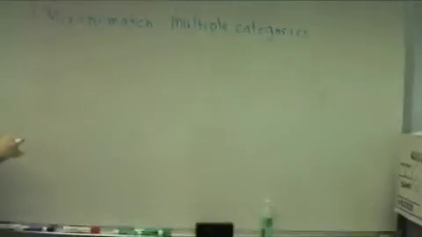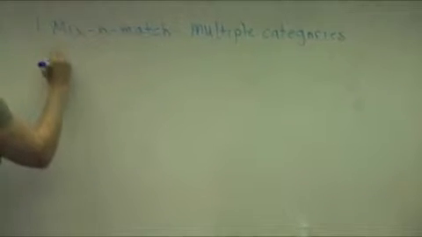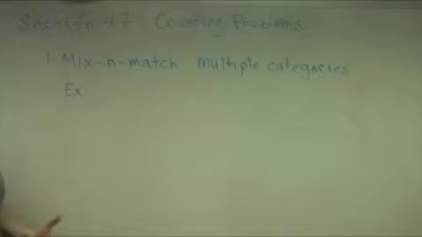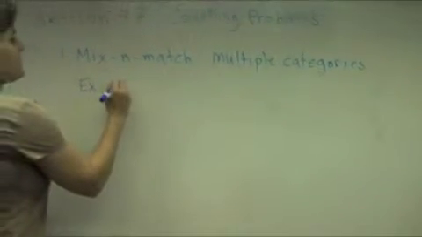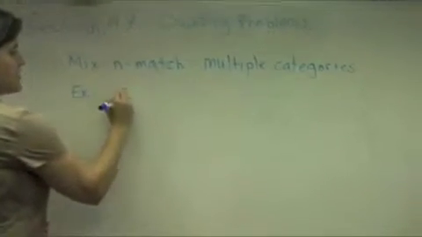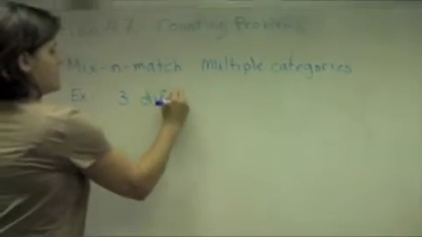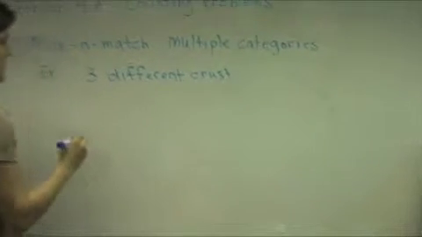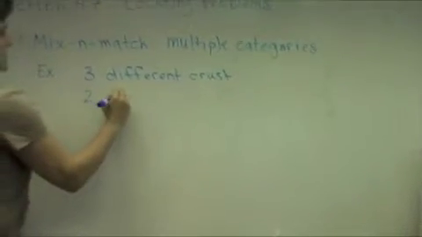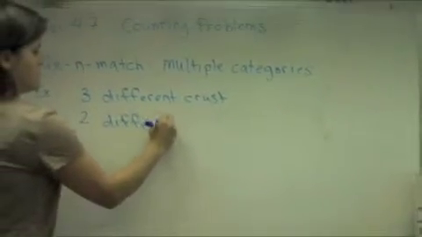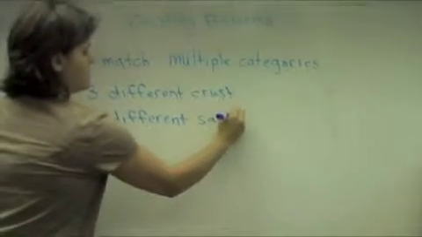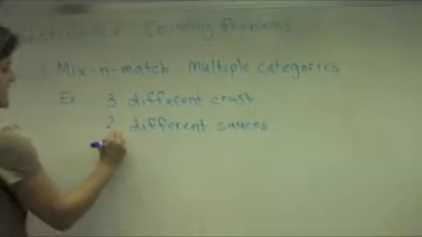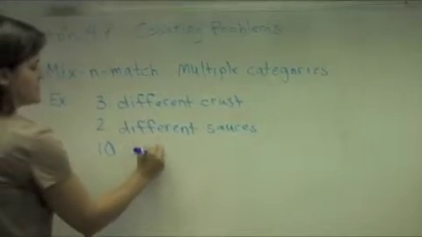Inside the problem. An example of this would be, suppose you are putting together a pizza and you have a choice as to 3 different crusts to choose from, 2 different sauces, and suppose 10 different toppings.